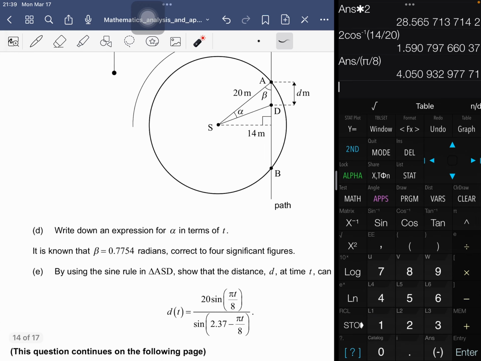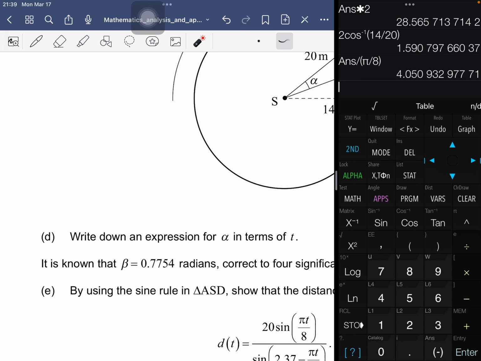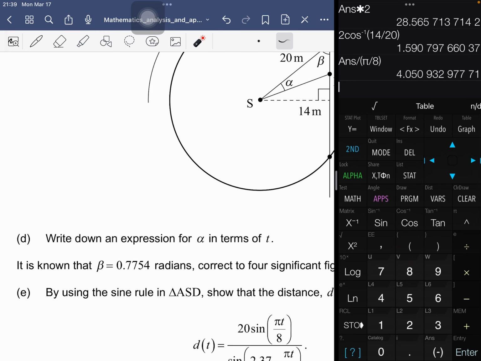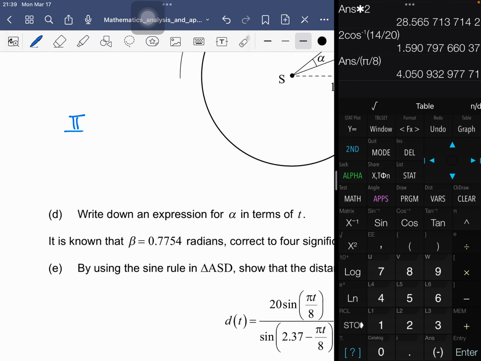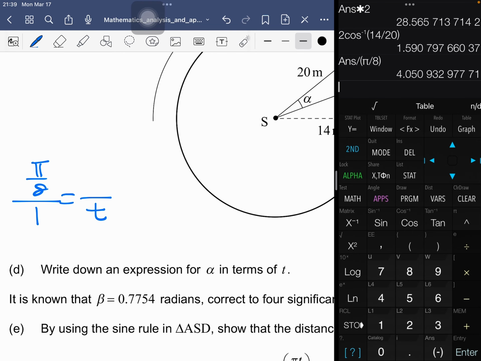Write down the expression for alpha in terms of t. We already found the angular velocity: in 1 second it rotates pi over 8 radians. Then for t seconds, the angle rotated will be alpha.